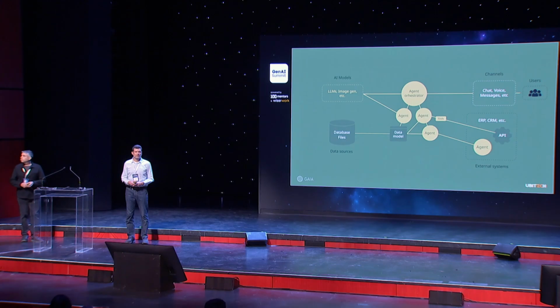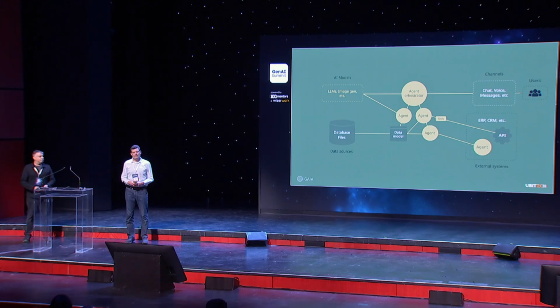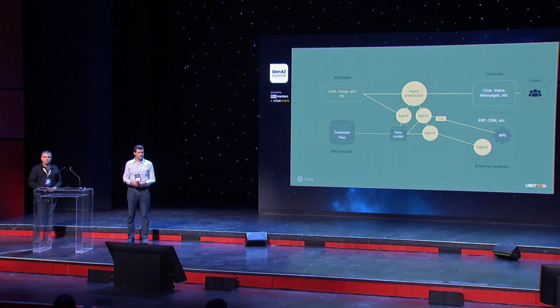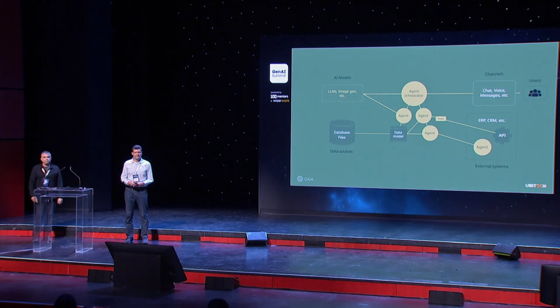The request can be a question, or it can be a task to be performed. The request might come from an end user, from a human being, or might come from another agent in more complex agentic architectures.